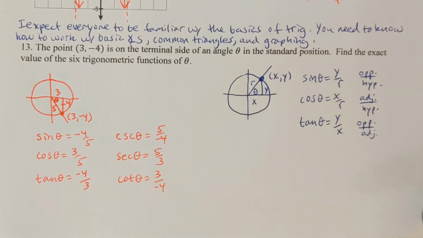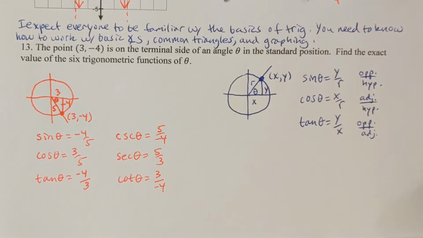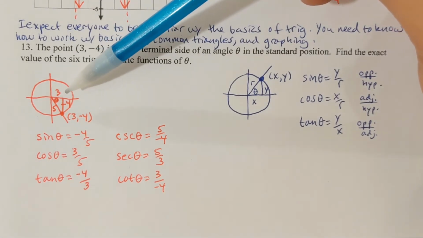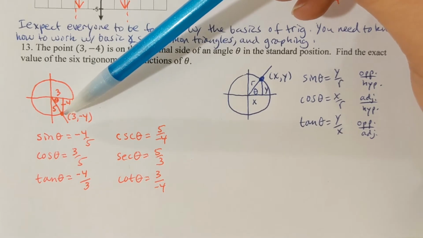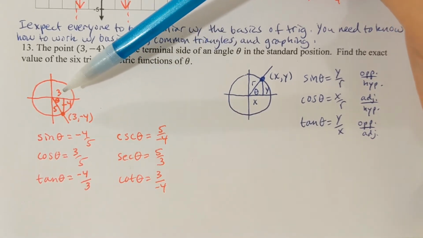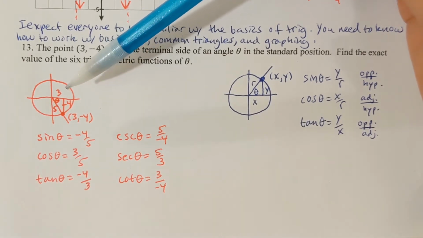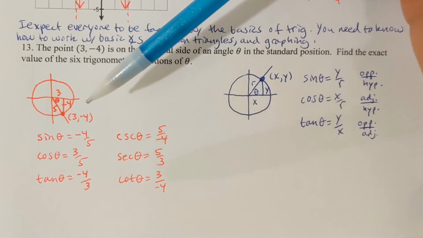Now, one way to get that number would be to use the Pythagorean theorem. Okay, if I go 3 units to the right, 4 units below, and plot that point, I've created a right angle here. And of course, you can use the Pythagorean theorem when you have a right triangle. The sum of the squares of the legs equals the square of the hypotenuse.